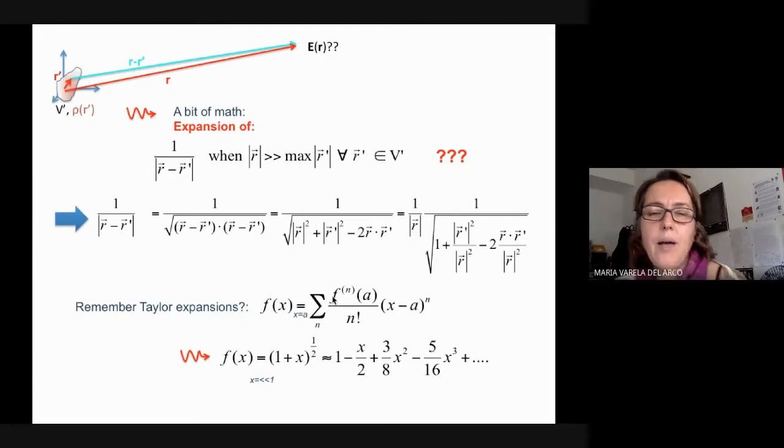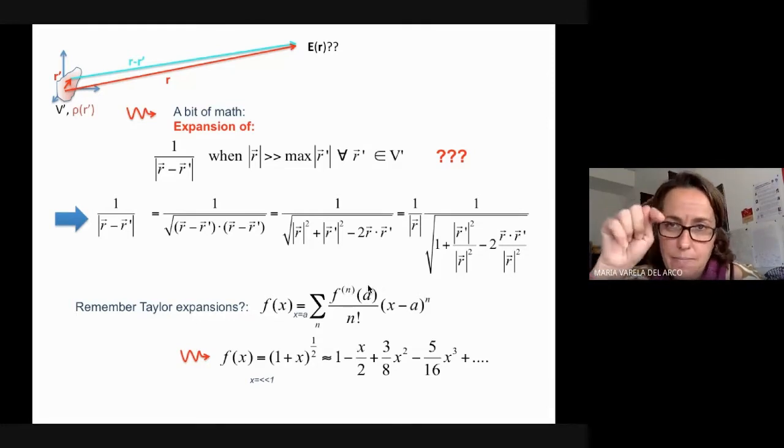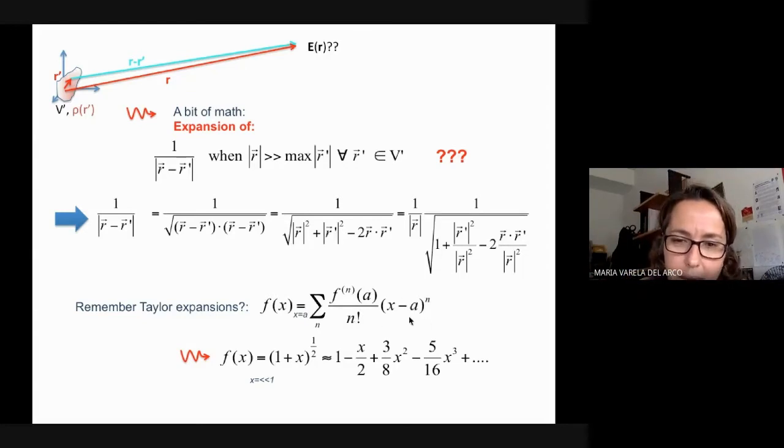A sum all the way up to an integer term n of the nth derivative of f evaluated at a, over a factorial of n, times x minus a to the nth power.